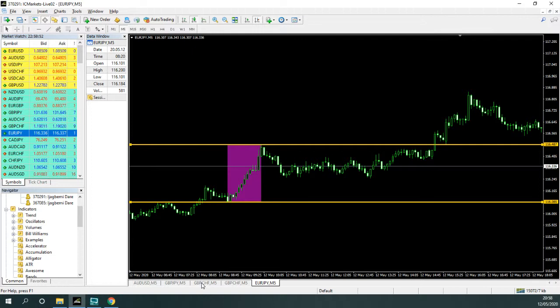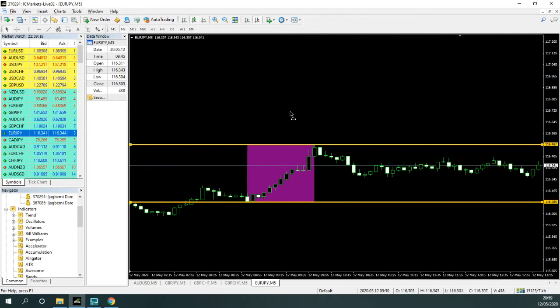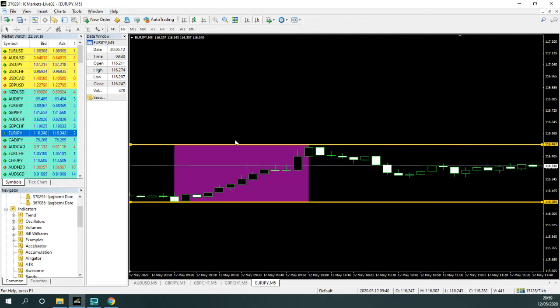You have to check your broker. Check the broker you are using. The broker determines the time. For example, I am using IC Markets. As you can see, this is IC Markets, and the time is 2 hours ahead of GMT. So if you look at my box, let me zoom in. If you look at the first candle there, look at the data window.